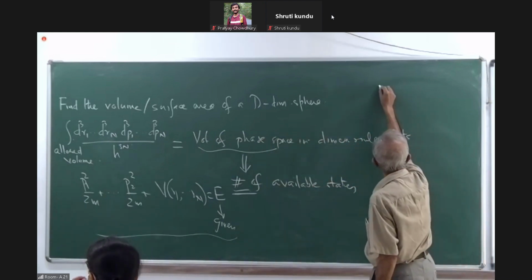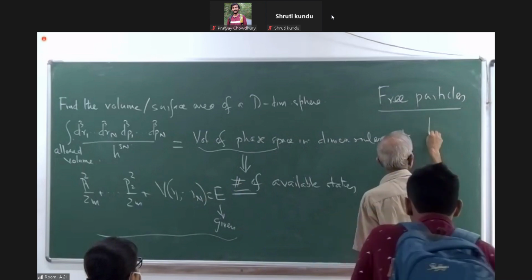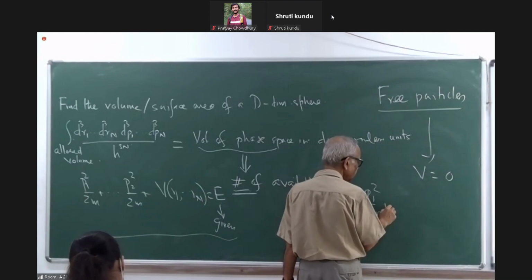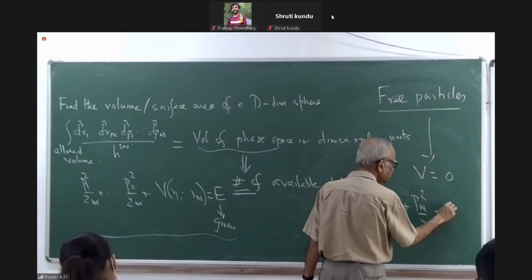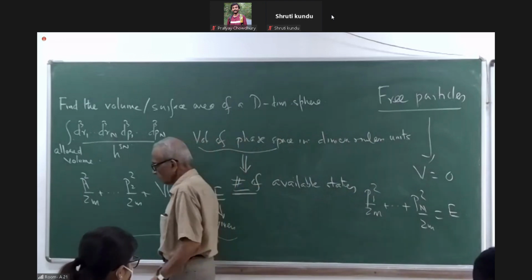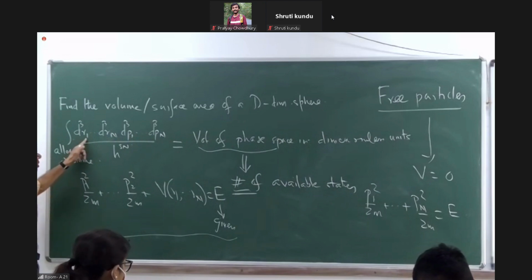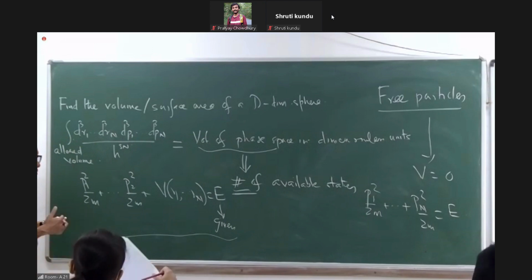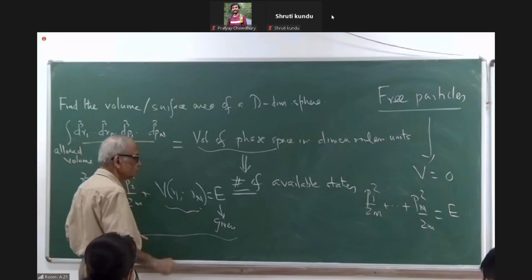so if it is free particles that I'm looking at, then V is equal to 0, and my constraint is P squared over 2m plus P n squared over 2m is equal to E. The integrals over R1, R2, Rn are independently doable because there is no V over here.